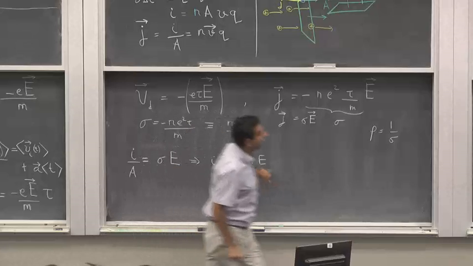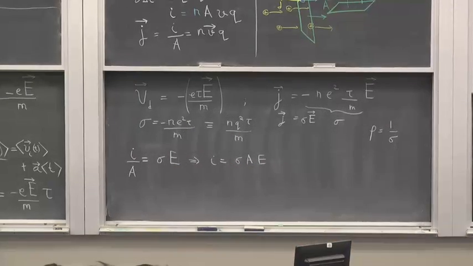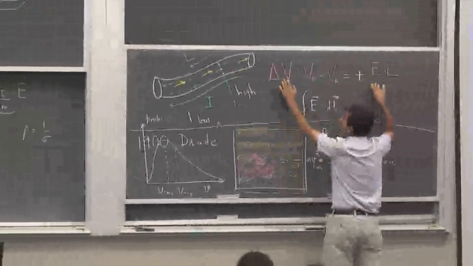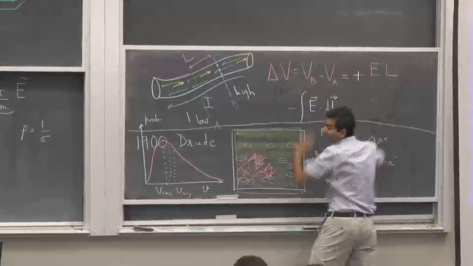But what is my electric field? The electric field is related to the potential difference between two points and the length of this conductor.